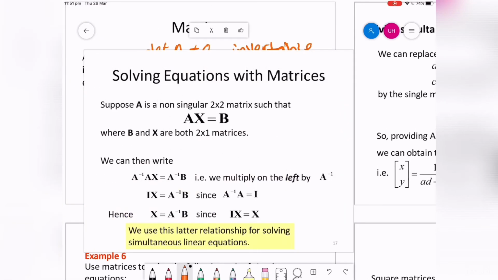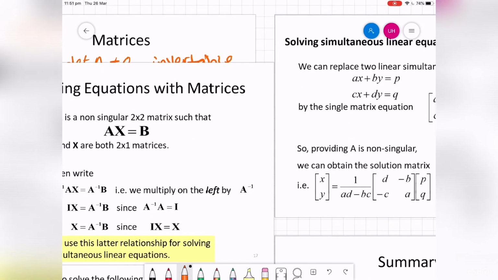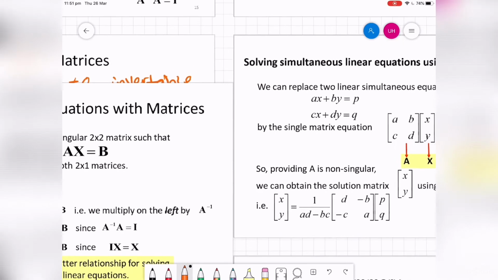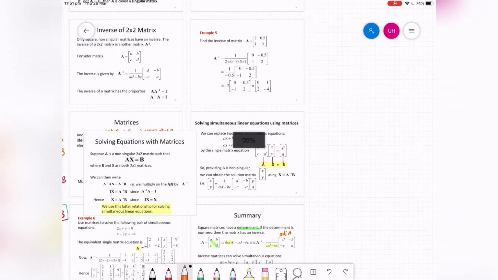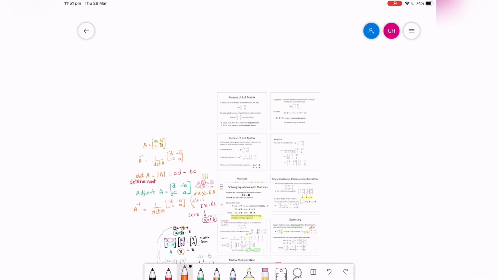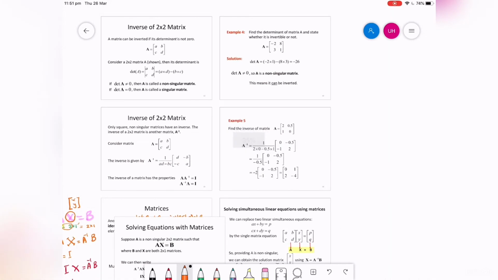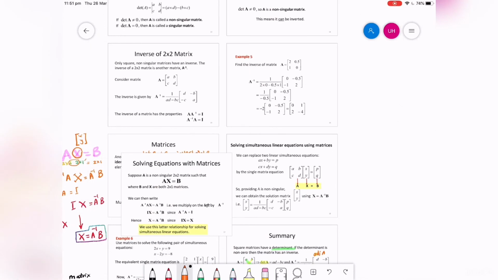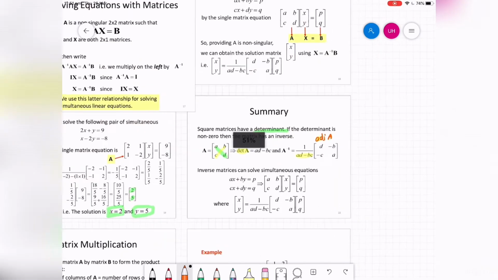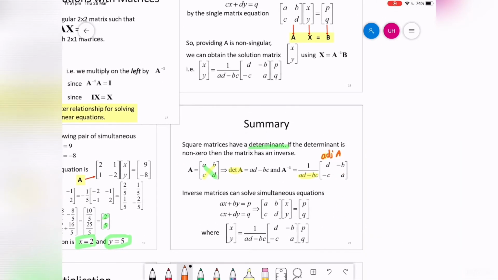So the adjoint is when you swap over these two diagonal elements and change the sign for these two.